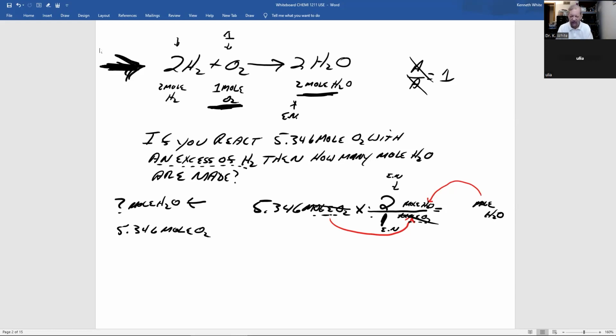I'm left with moles of water, which is what I want. Yay. And now I can pick up my calculator, clear it, 5.346 times 2. And my calculator gives me this number.